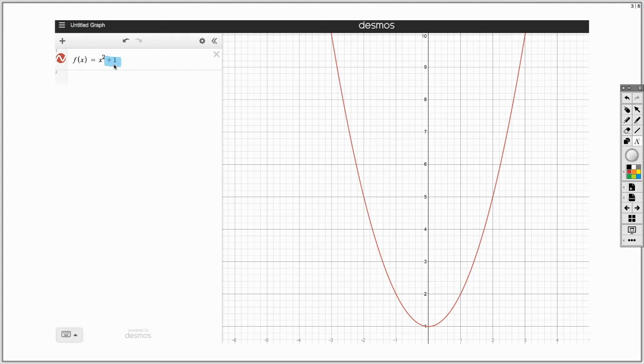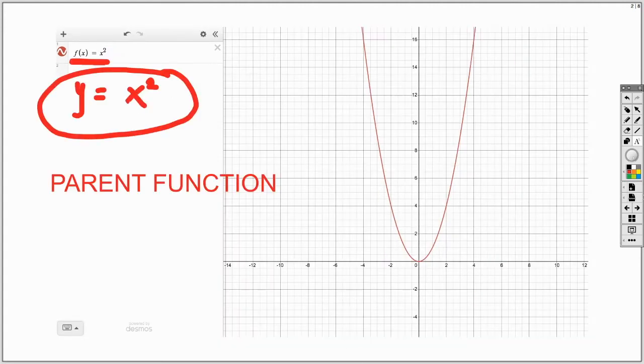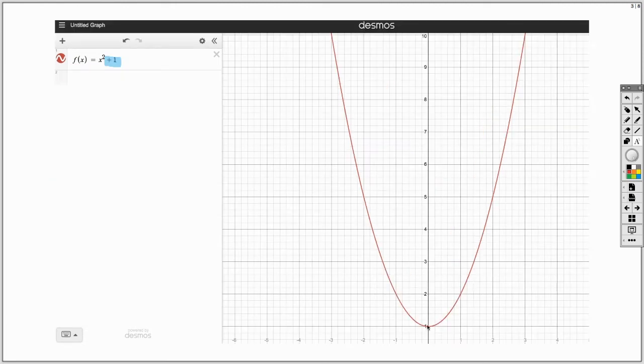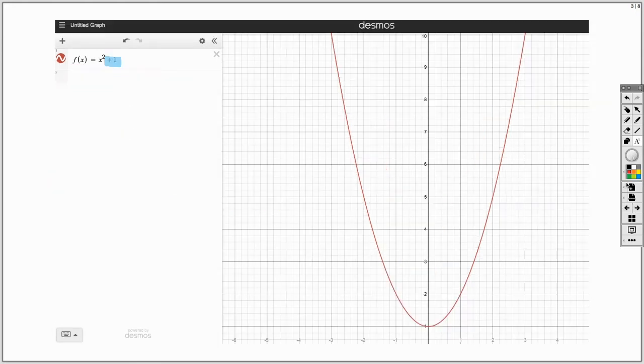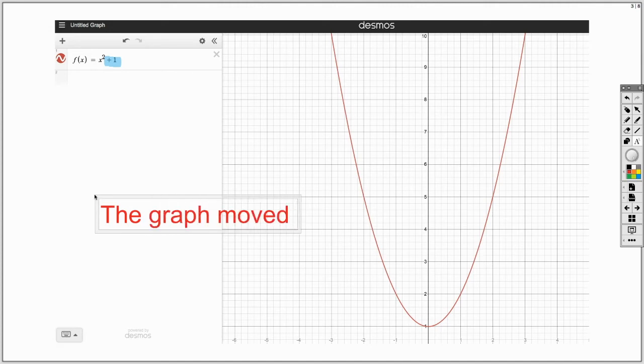In this case, it's plus 1. So instead of starting at the origin, it started at 1 and went 1 unit up. Each coordinate went 1 unit up. So we would say that the graph moved 1 unit up.